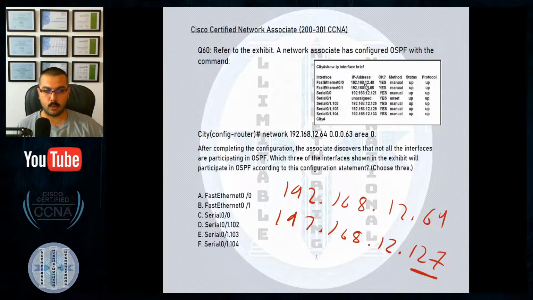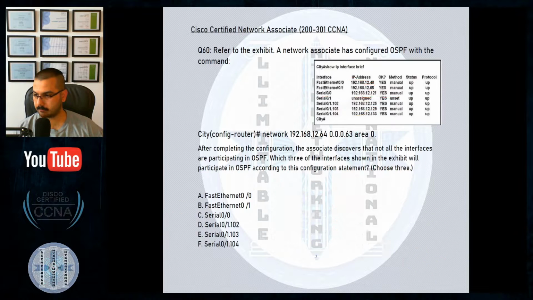So .65, FastEthernet 0/1, 121, correct; this one is unassigned, leave it; .125, yes, in the range; 129, no; 133, no. So my three interfaces will be FastEthernet 0/1, Serial 0/0, subinterface Serial 0/0.1, so the answer is BCD. Okay, I hope that it is okay.